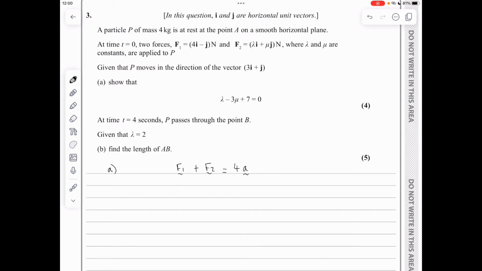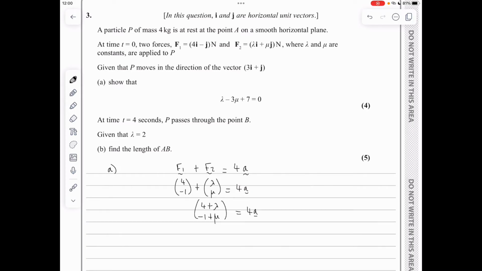Now F1 is 4 minus 1, F2 is lambda mu, and this is equal to 4a. And therefore we end up with 4 plus lambda minus 1 plus mu is 4a.